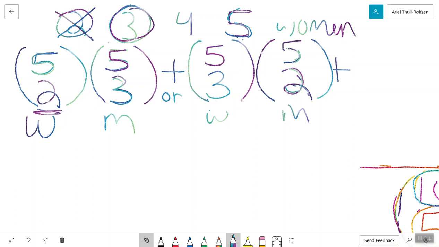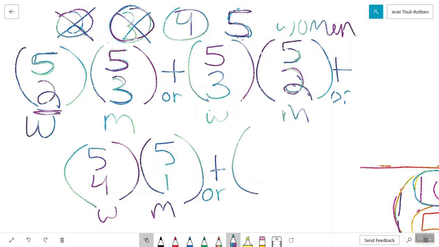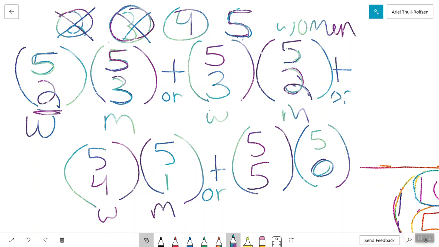And we're going to do that again. We're going to say, or we can have, and I'm going to come down here, we can have a committee of 4 women and 1 man, or we can have a combination of 5 women, which means the committee is all 5 women, and that would mean there are 0 men.